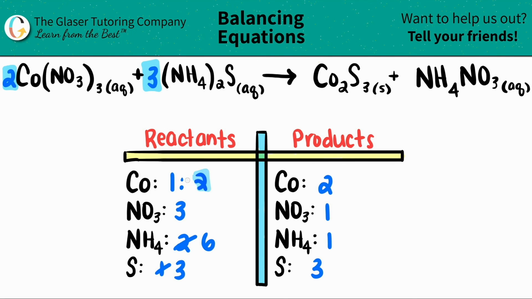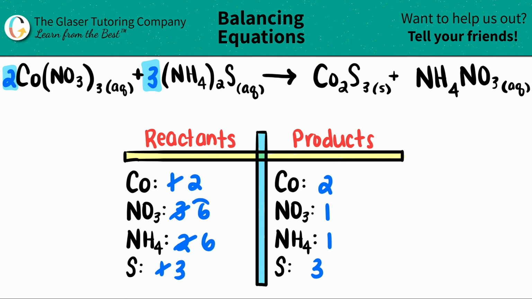And then I'm just going to distribute, because if I put a coefficient in front of a compound, it has to be distributed to everything. So I have 2 cobalts. And now I have to distribute this 2 to the nitrate. Keep in mind, there was 3 already. So 2 times 3 is a total of 6 nitrates now. So I'm going to cross off this, and I have a 6.